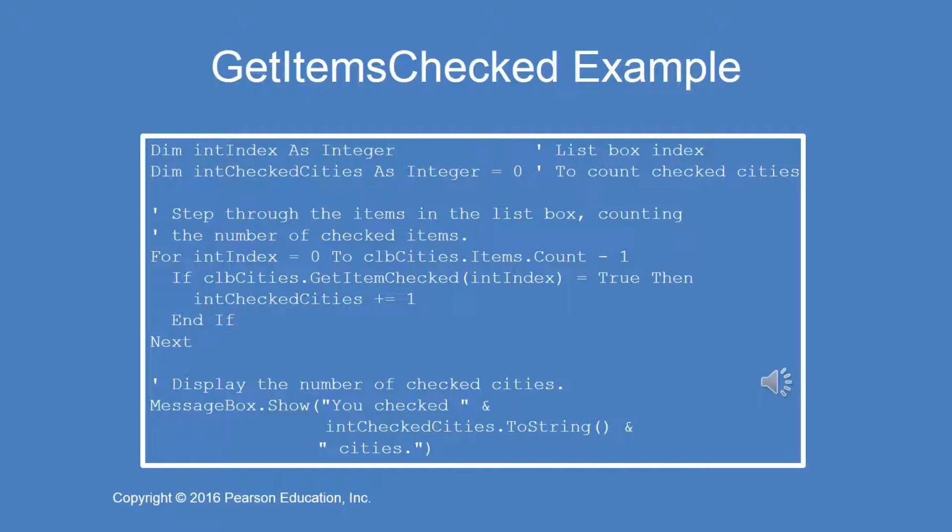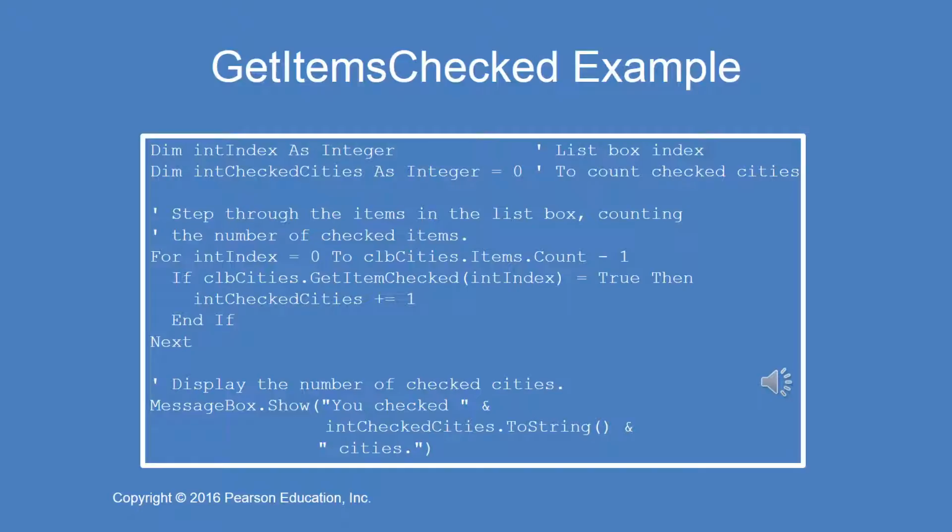And also we're declaring an integer called intCheckedCities to count the number of cities checked in the list box. And then we're going to have a for loop that will step through the index numbers, i.e. the items in the list box, and will count the number of items that have been checked.